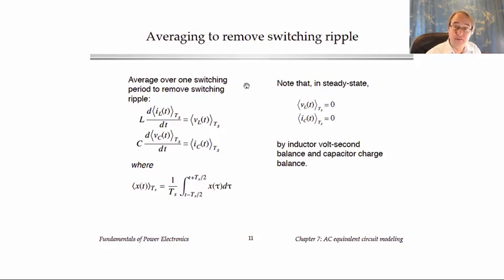Okay, so the business of averaging to remove the switching ripple. So far in the course, we found the DC component of a waveform by integrating the waveform over one switching period and dividing by the period. Although that definition assumes that the circuit is in steady state and that the waveforms are periodic. Here what we're going to do is generalize that and talk about a moving average.